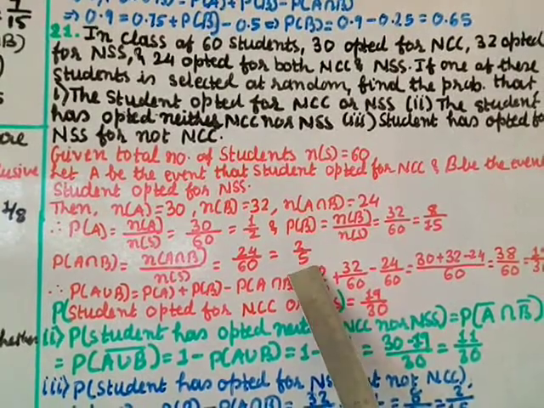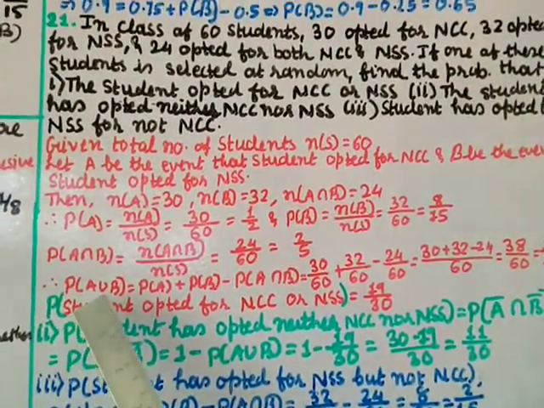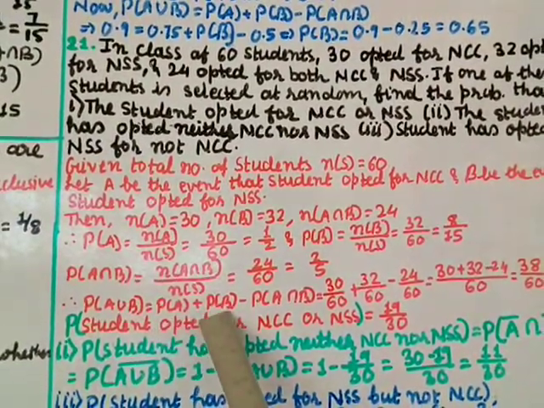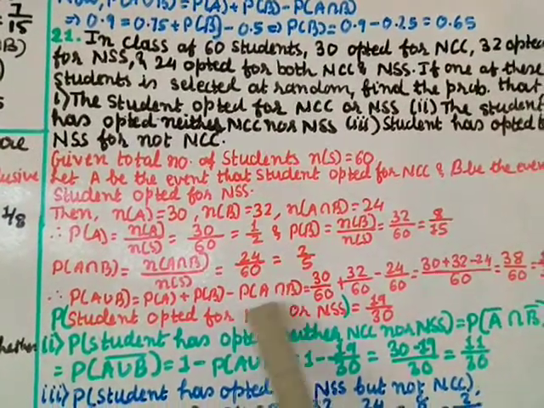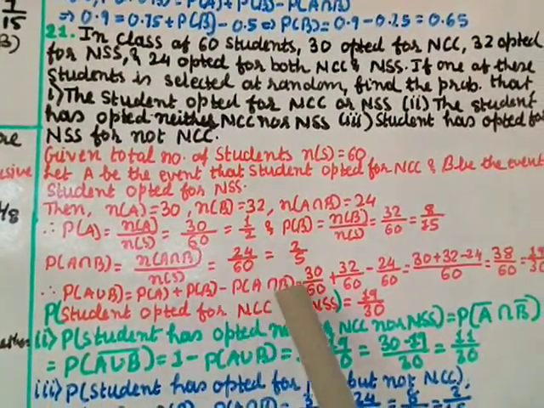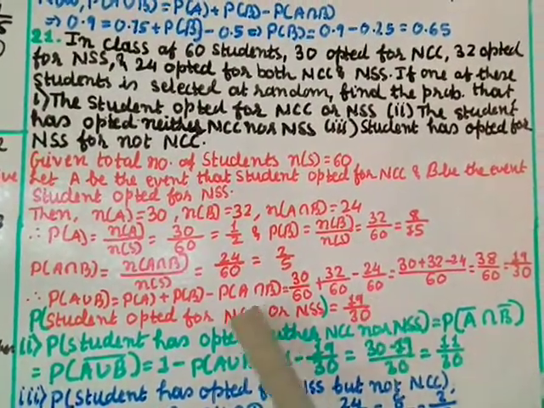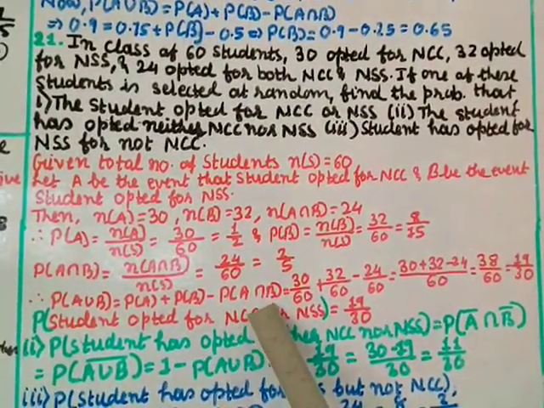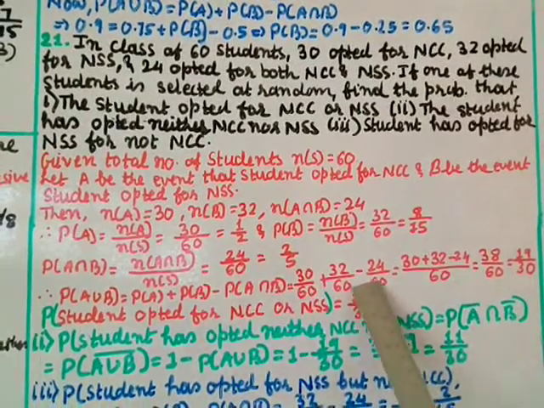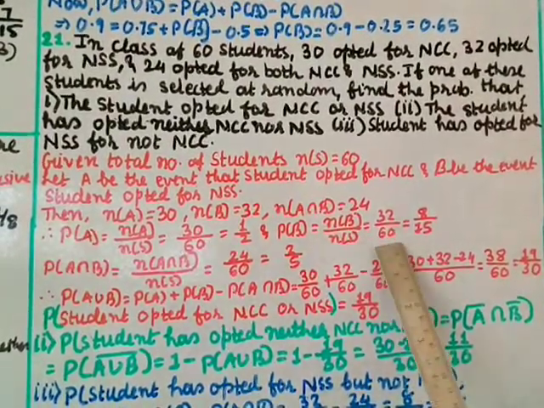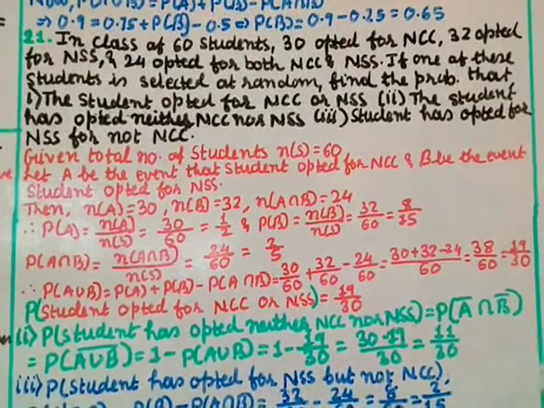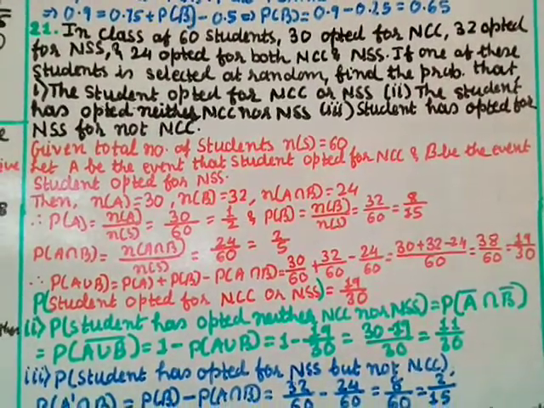So P of A union B equal to P of A plus P of B minus P of A intersection B. P of A value is 30 by 60 plus P of B is 32 by 60 and minus P of A intersection B is 24 by 60. I am taking this value without cutting. Why? Because again you have to take the LCM, so I am directly taking the value without cutting, having the denominator equal.